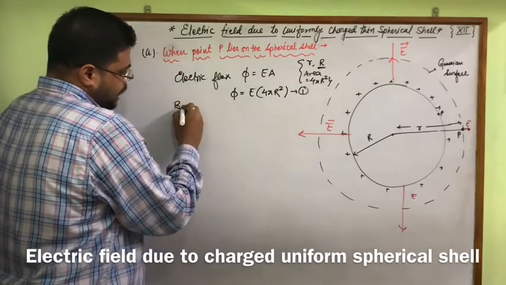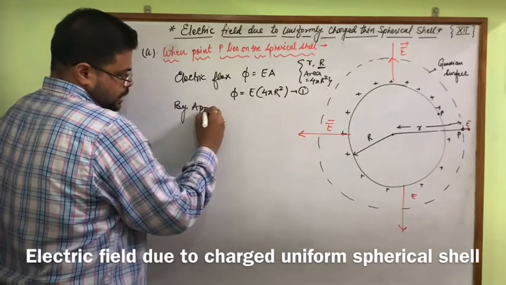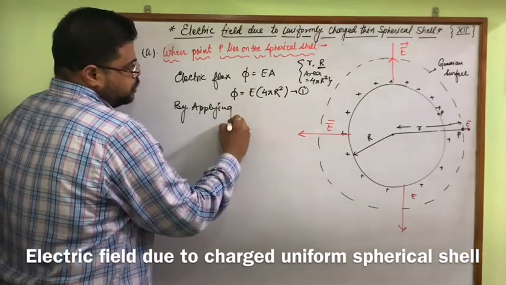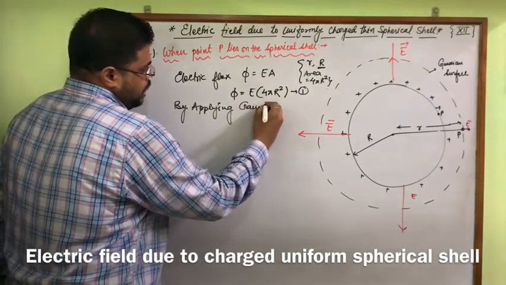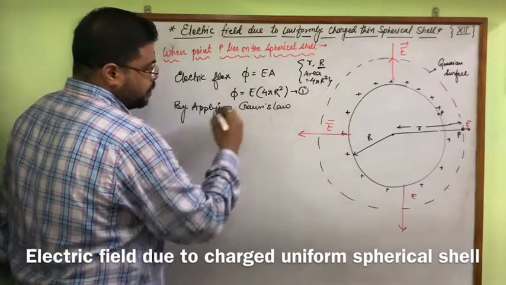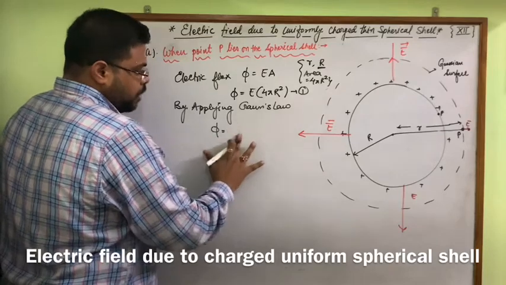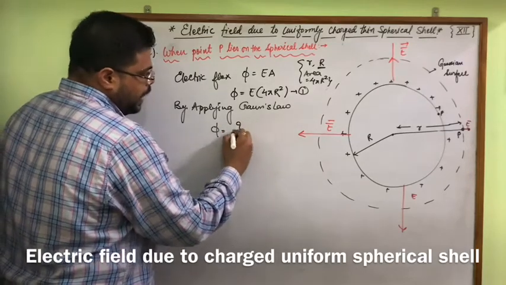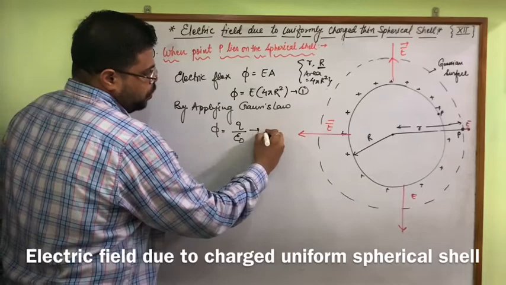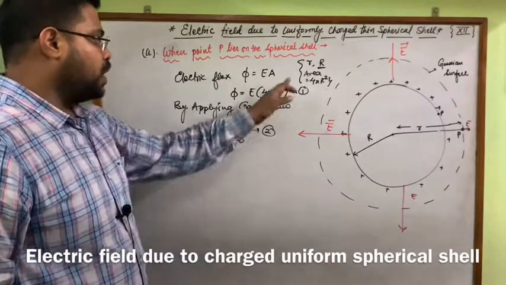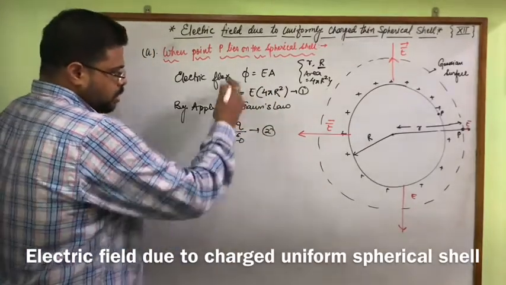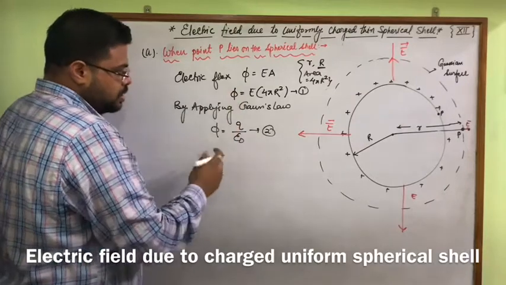Again, by applying Gauss law, phi equals Q by epsilon naught. Give this equation number 2. Now again, equate equation 1 and 2, because the left hand part remains the same.